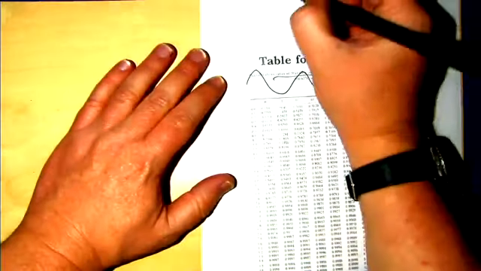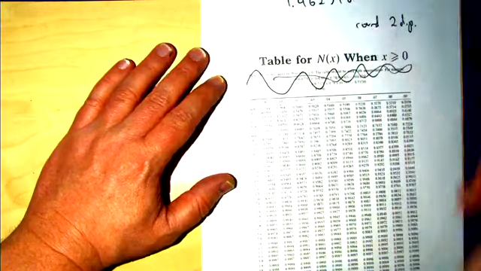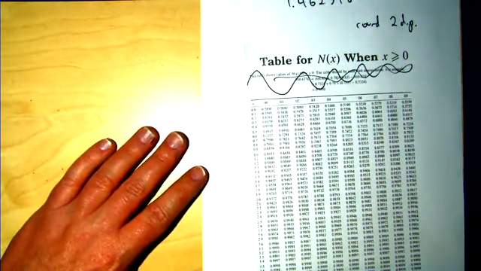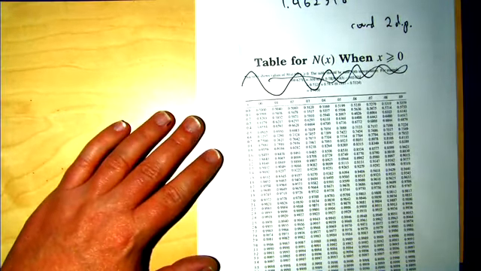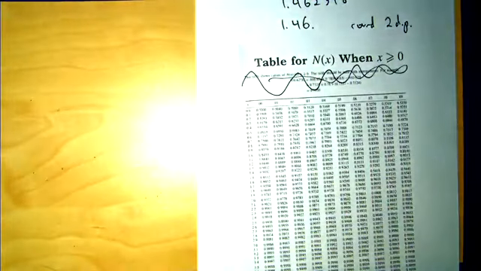So let's imagine you want to look up 1.462318. What value do you look up? Round to 2 decimal points. 1 point what? Not a trick. 1.46. So we look up 1.46.